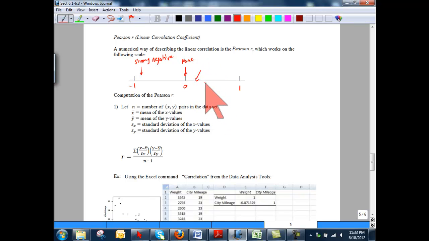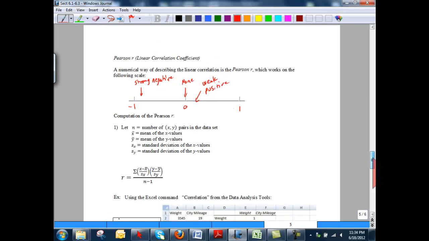If R turned out to be something like 0.3, we could call that weak positive correlation, and so on. So to summarize, if the R number is positive, then the correlation is positive, and if R is negative, the correlation is negative. And then the strength is weakest in the middle, no correlation, and as I get closer to -1 or +1, the correlation gets stronger and stronger, either negative or positive, depending on which direction I'm going.